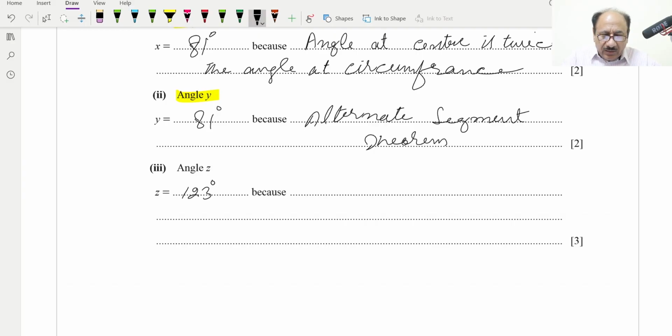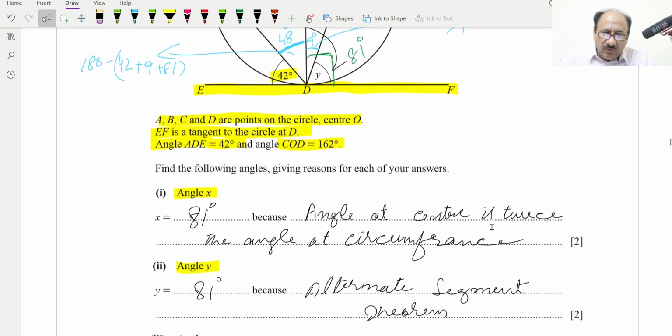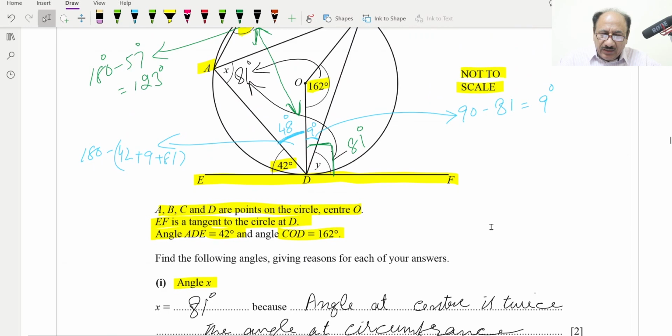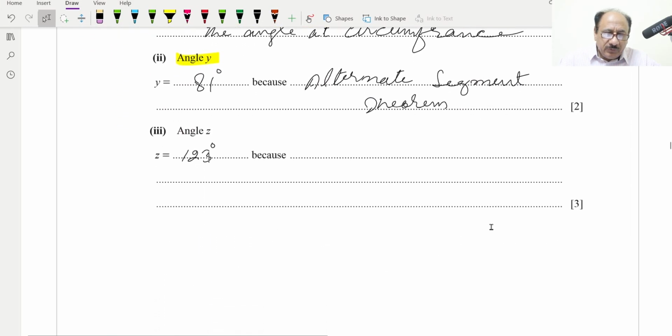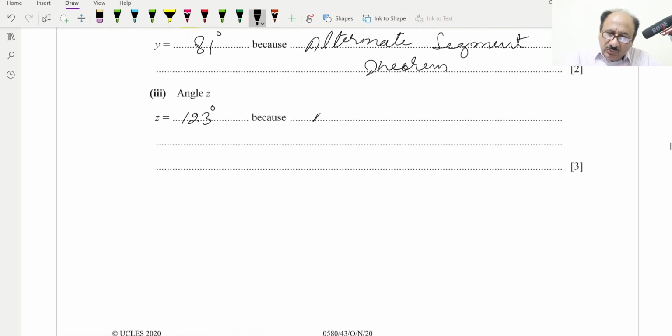And what we will write, first of all: angles at a straight line add up to 180. So we can write angle at a straight line is equal to 180 degrees. So we use this property.